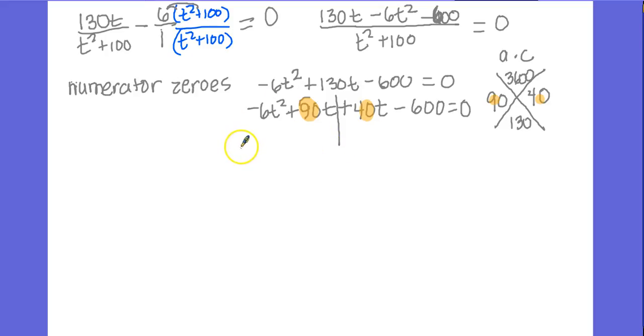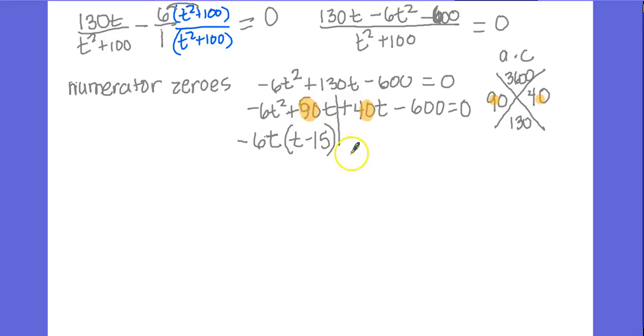So I'm going to factor the front, and now I can factor out the negative. 6 will go into both of them, and they both have a t. So I'm going to factor out a negative 6t, leaving me with t minus 15, because negative 6t times negative 15 is positive 90t.